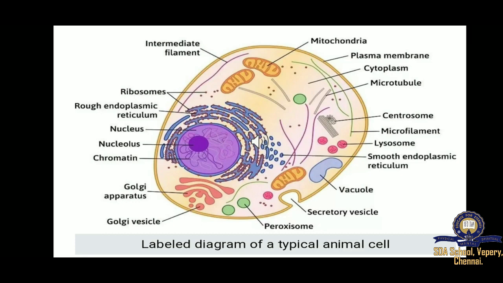Animal cells do not have plant-specific organelles like a cell wall, which supports the plant cells, or chloroplasts, the organelles that carry out photosynthesis.